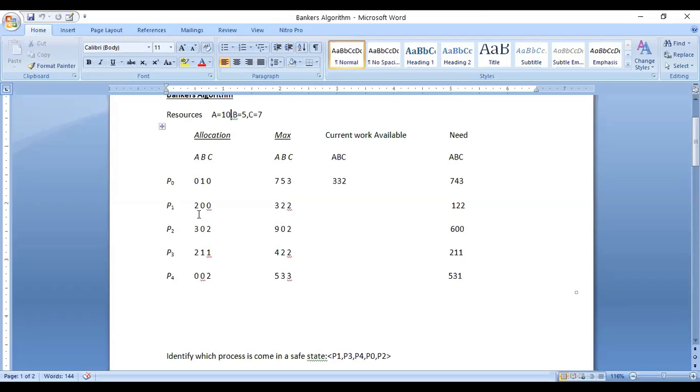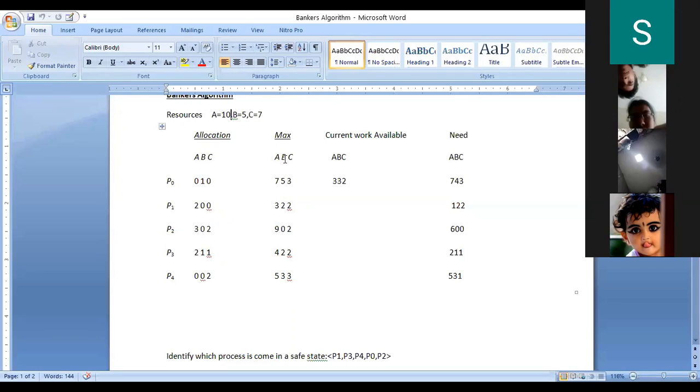That is 2 plus 3, 5, 5 plus 2, 7. Totally there are 10 resources, and 7 resources will be allocated. 10 minus 7 is 3. So for resource A, the availability is 3.